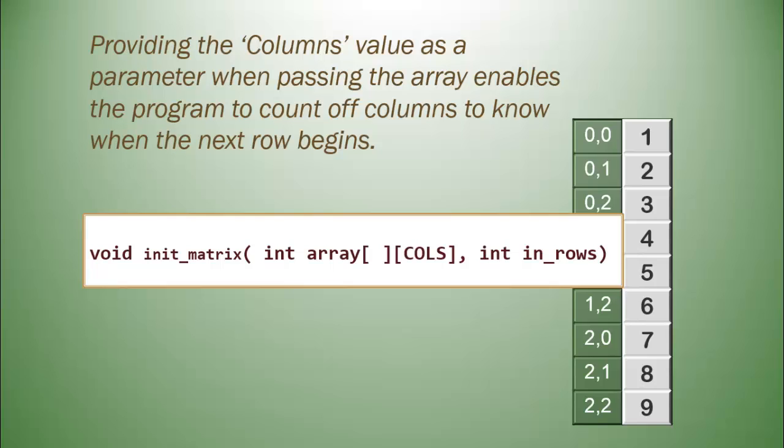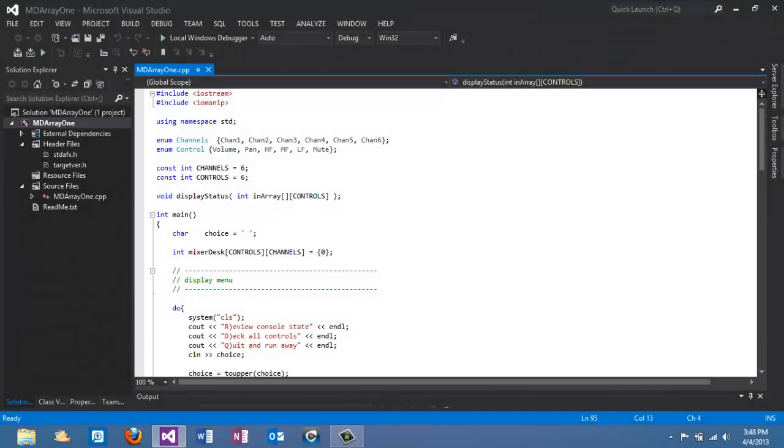So 1,0, 1,1, 1,2 reaches the end of the number of columns, or the amount of memory space used by 3 columns, and then it starts over, and so on and so on. And that's how it decides where our columns are going to begin and end. So let's look at a little bit of code and apply that.